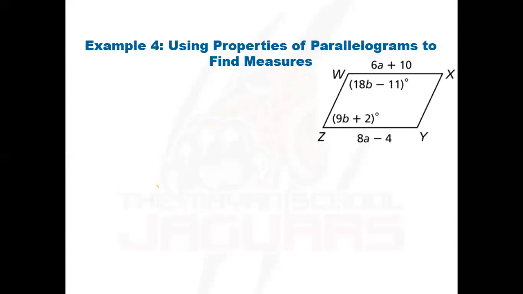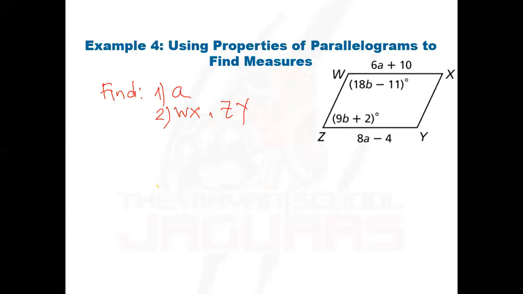So I was proposing to find number 1, the value of A, and then 2, find the measure of the segments WX and CY. So I was telling you that to find this value, the A, I noticed that WX and CY are opposite sides. So I know by one of the properties of parallelograms that these two segments are congruent.